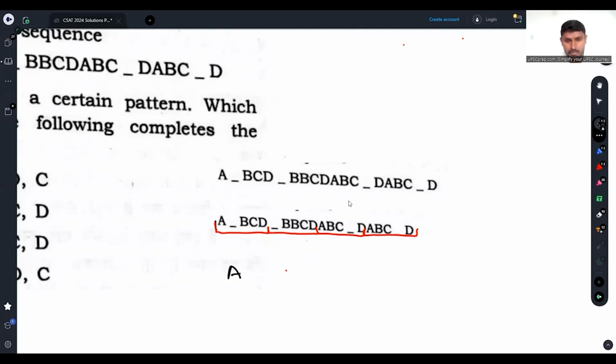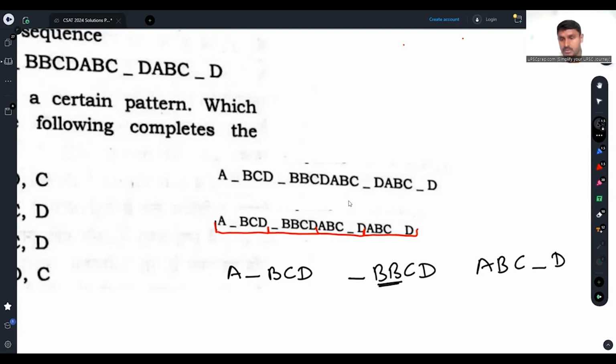Let's say if I take a first group, A dash B C D. Okay, and second group, let's say dash B B C D. Right. So if you see here, BB is getting repeated here, right? Then again, if you see ABC dash D. Okay, so there is one vacant place just after C. So it is possible that यहाँ पे B was getting repeated, यहाँ पे C may get repeated, right? यहाँ पे A may get repeated, right?